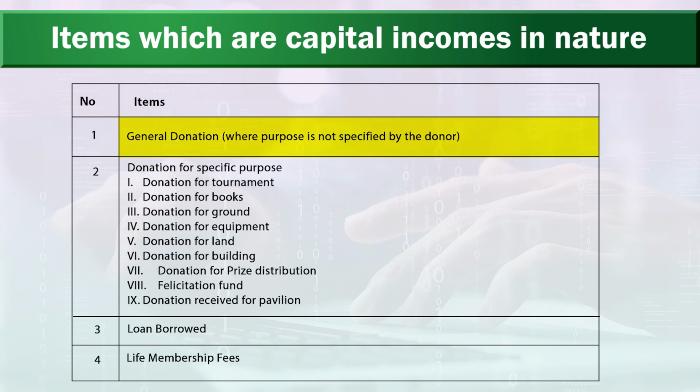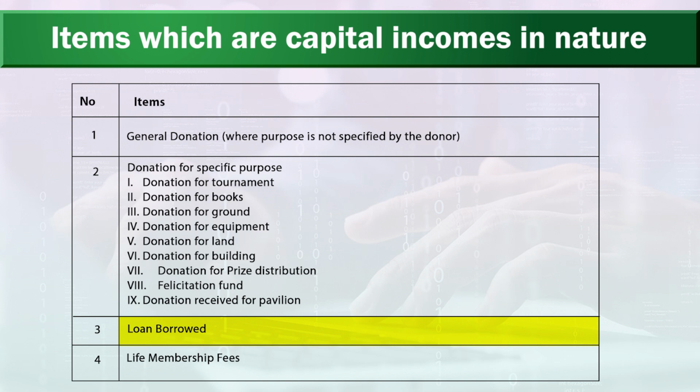1. General donation, where purpose is not specified by the donor. 2. Donation for specific purpose, such as donation for tournament, donation for books, donation for ground, donation for equipment, donation for land, donation for building, donation for prize distribution, felicitation fund, donation received for pavilion. 3.